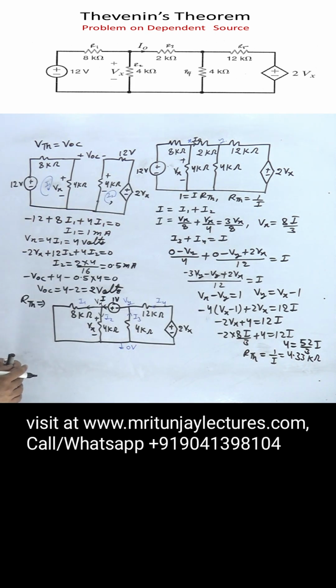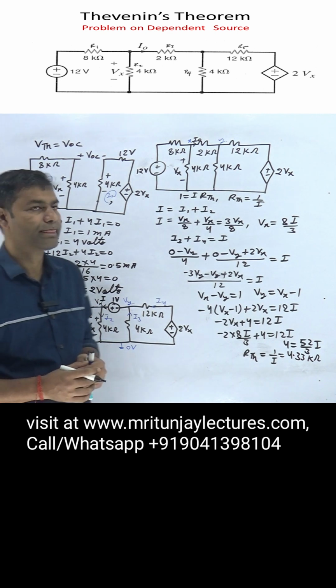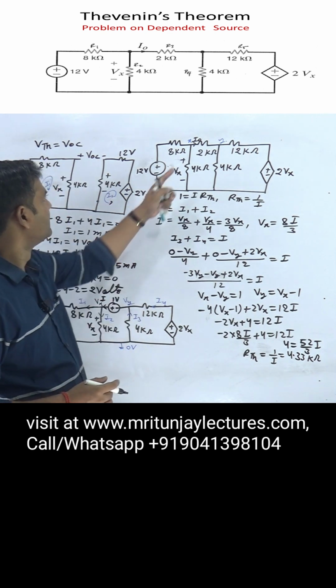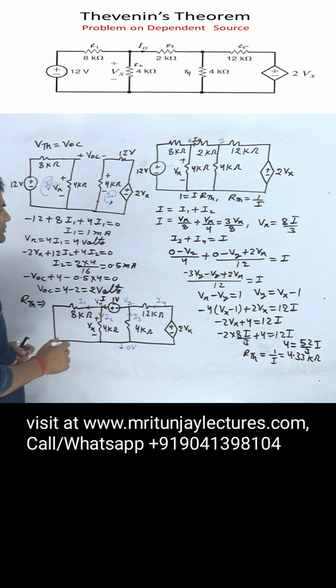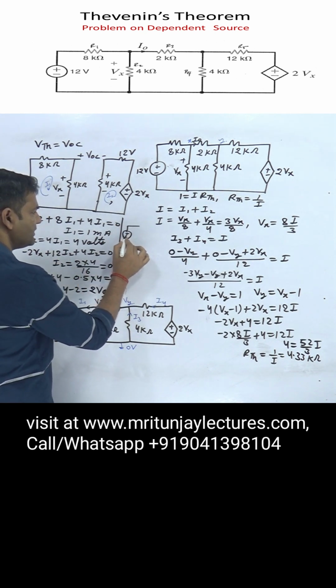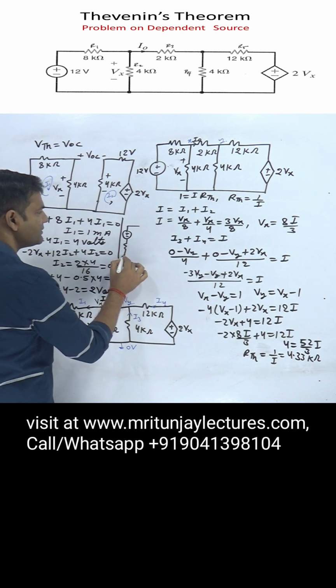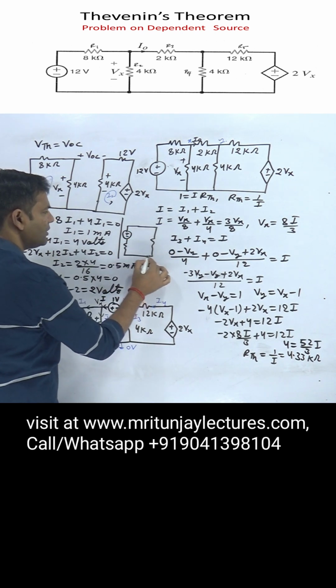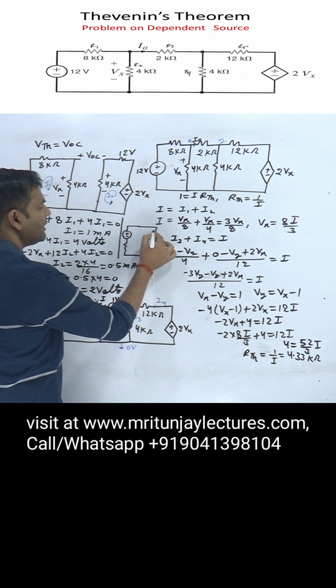So our next target is to determine I naught. Make this circuit: a source, here RTH, here I naught, and that is 2 kilo ohm.